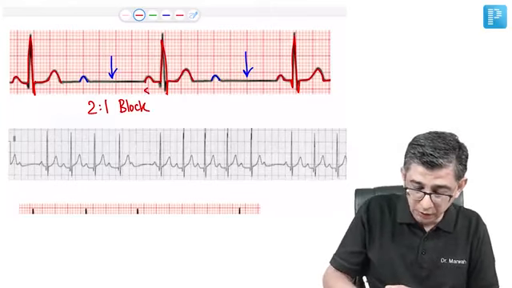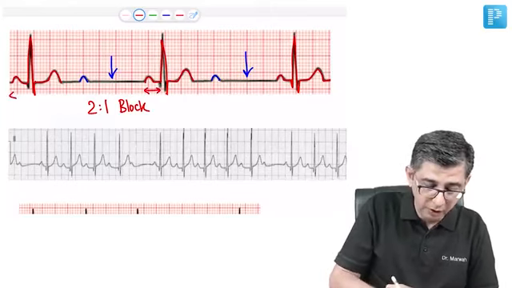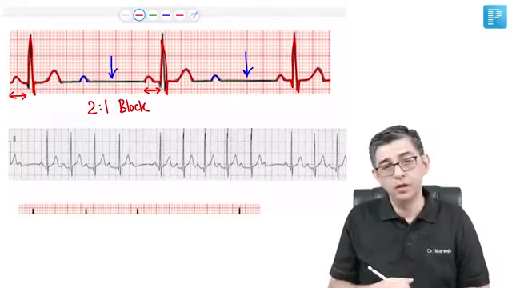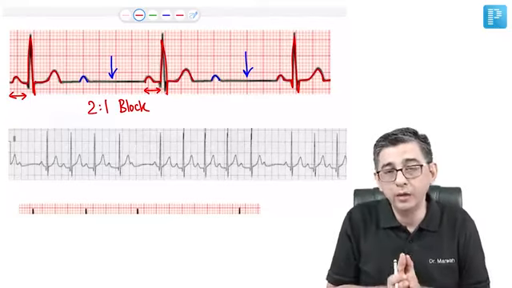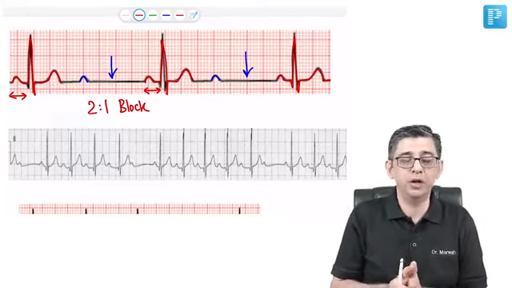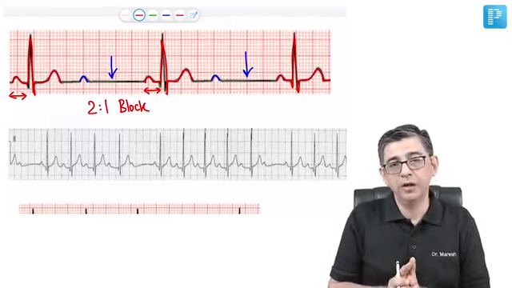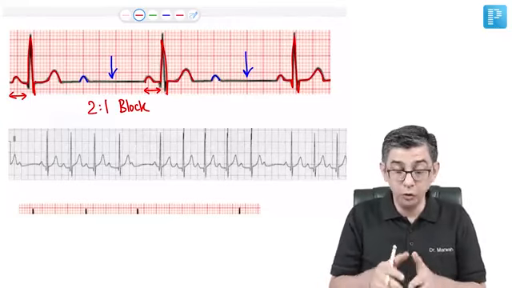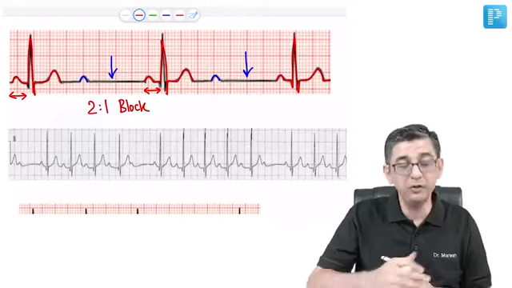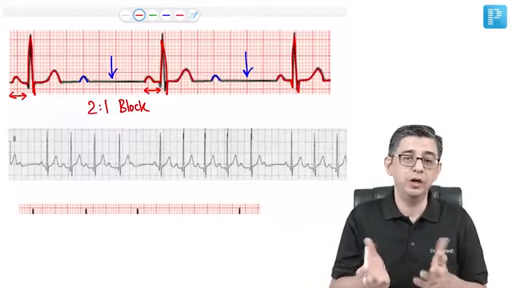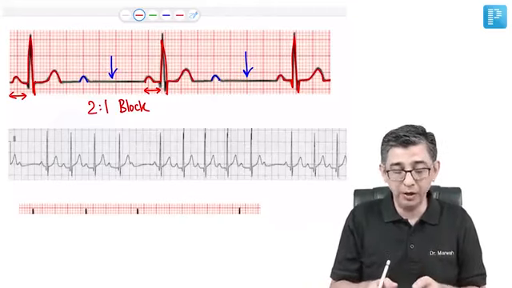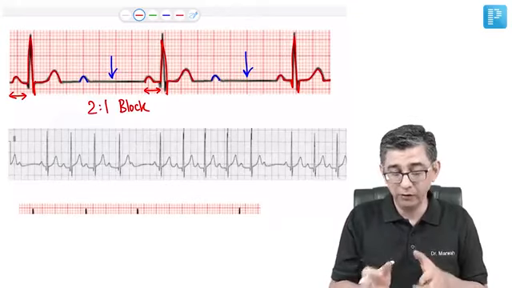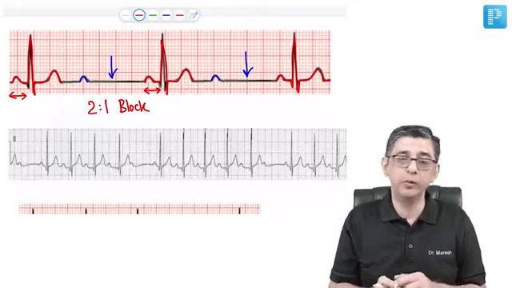Because the PR interval after and the PR interval before will be equal. Just before, I told you that in a person who has Mobitz 2 heart block, wherever you get a missed beat, you would be forced to check the PR interval before and after, and you would get an equal value. So a lot of people confuse this with Mobitz 2 heart block.